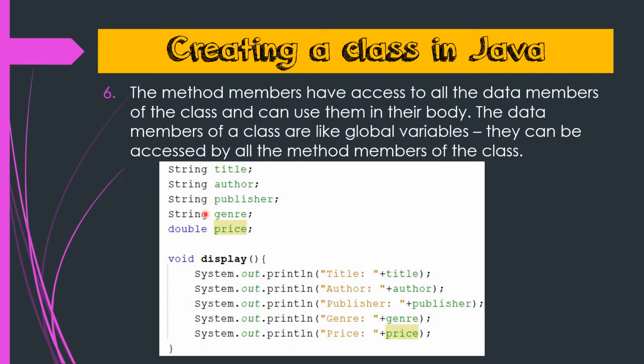So these data members of a class act like global variables, which means they can be accessed by all the method members of the class. There is no restriction that they will be accessed only by certain method members. They can be accessed by all of them. So here we have the method member display, and these data members are accessed by this method member display in its body.